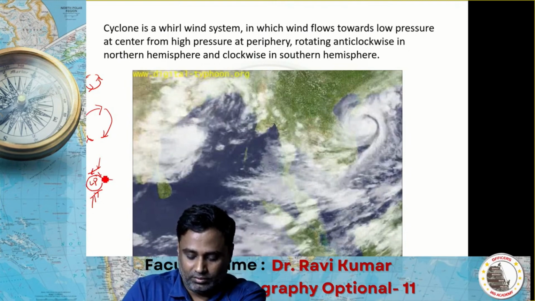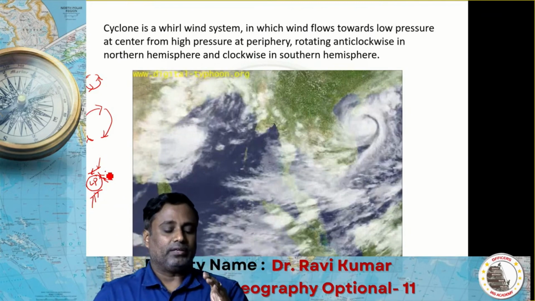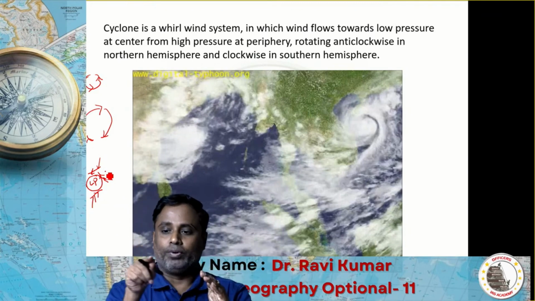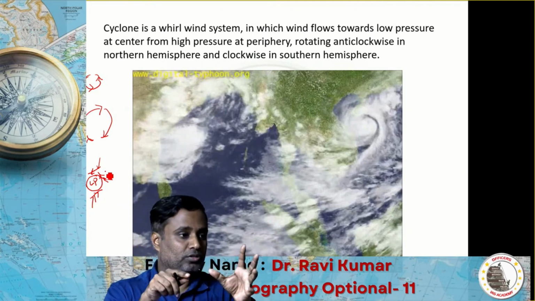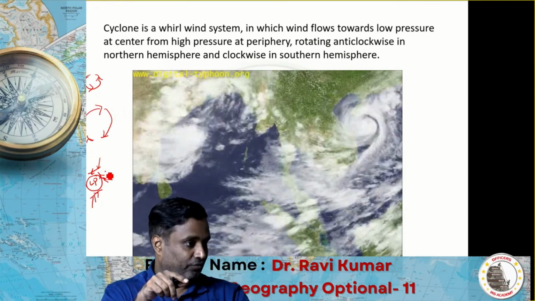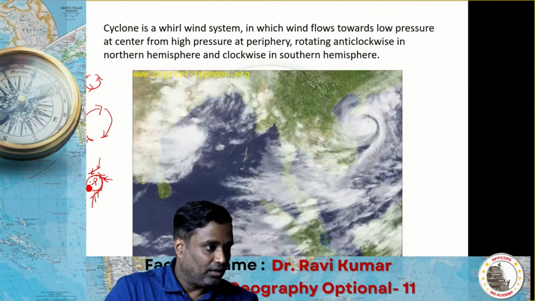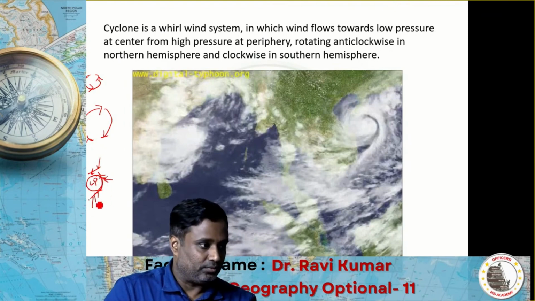Got it? Okay, it turns. Now once wind turns due to Coriolis effect, it will not move out of the low pressure because low pressure pulls the air towards the center, that is called centripetal force. So now the turned wind system moves along the low pressure. Along the low pressure, it creates an anti-clockwise circulation system.